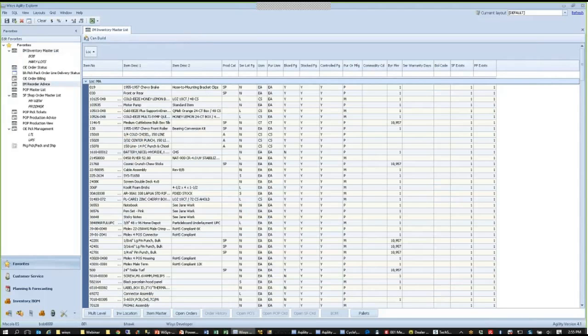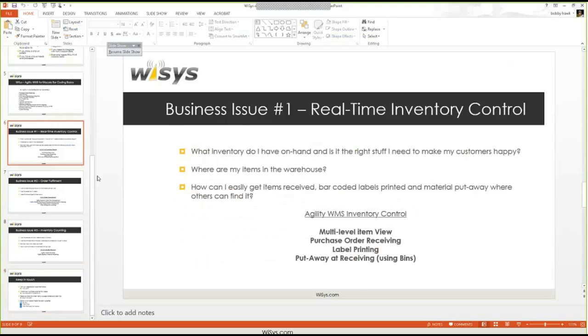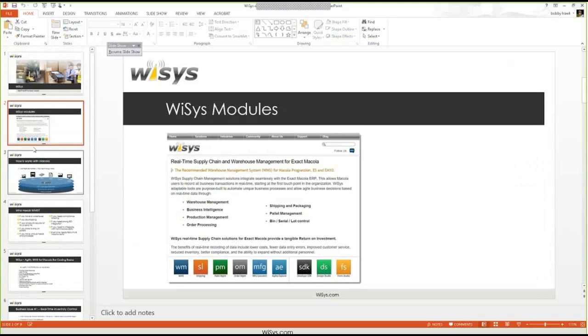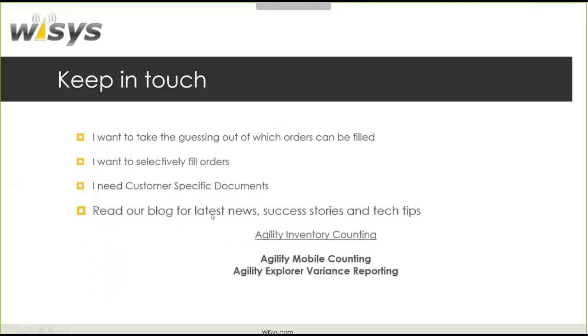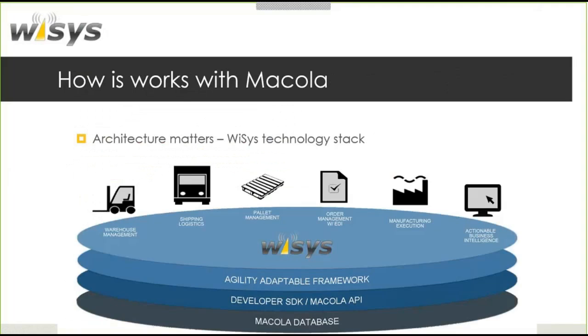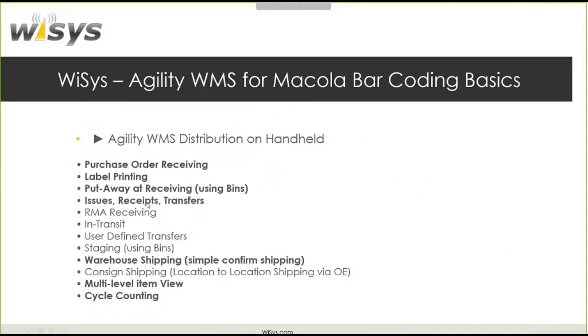Now, part of the WiSys solution, if we go back up here to the top, is WiSys handles in-transit shipping. Sorry about that. So one of the options is in-transit shipping.